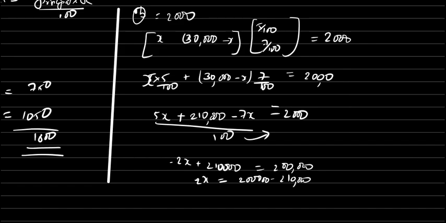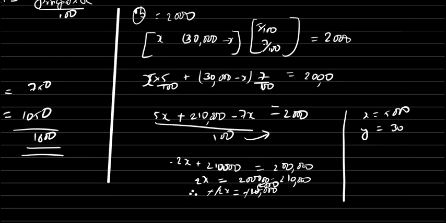Therefore, minus 2x is equal to minus 10,000. Minus minus cancelled. 2 1s are 2, 2 5s are 10. The value of x is 5,000. y is equal to 30,000 minus 5,000. It is 25,000.